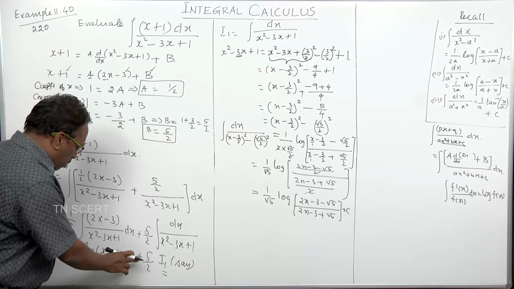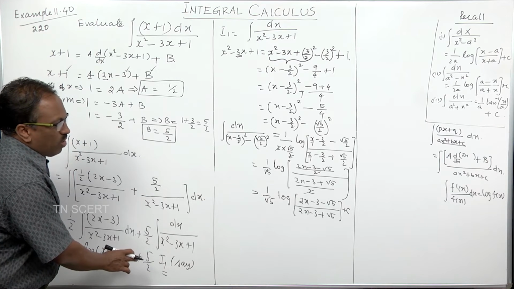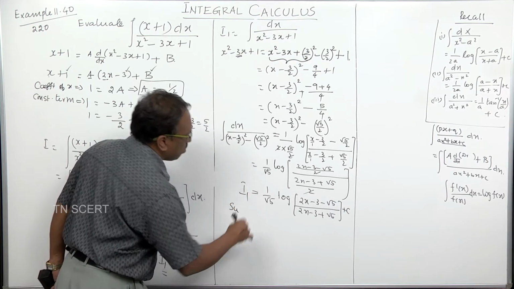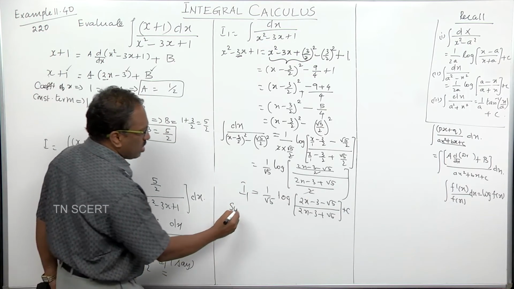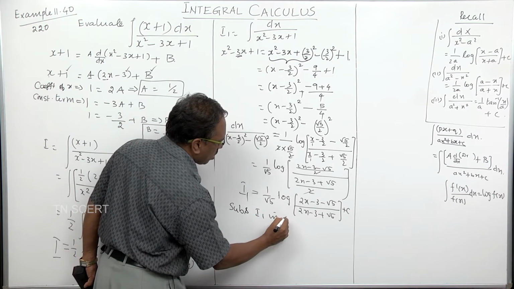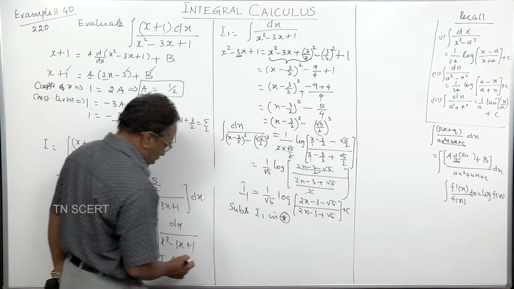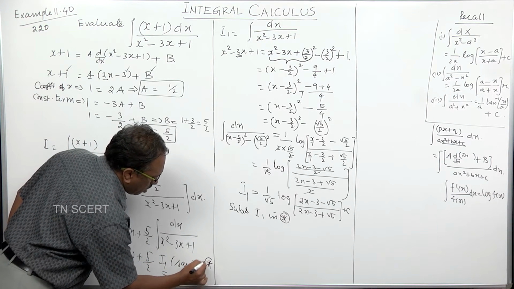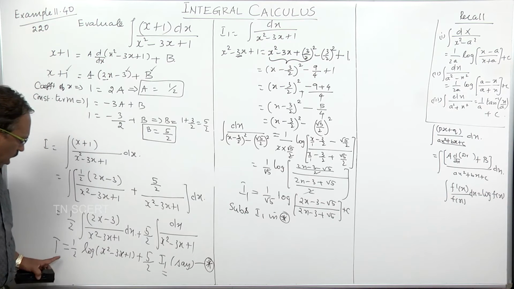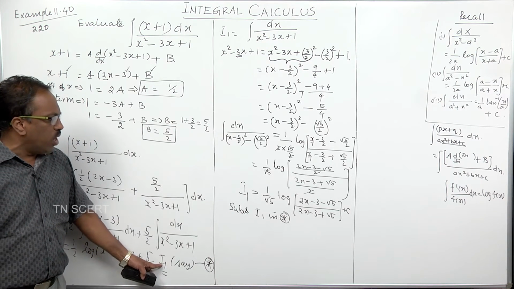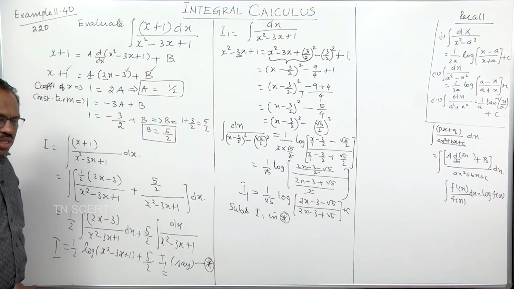If you want we can do more, but nothing else. So here I am going to substitute. Finally substituting, what is this? This is nothing but I1. I got the result. Substituting I1 in star. This is the equation which I am going to take as star here. I = 1/2 log of this plus 5/2 of I1. Here I am going to substitute this value.